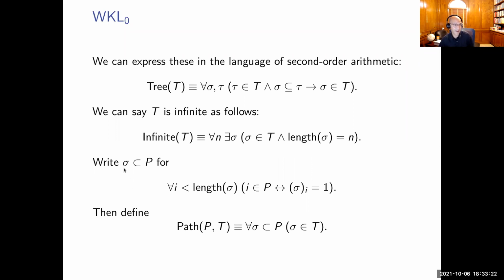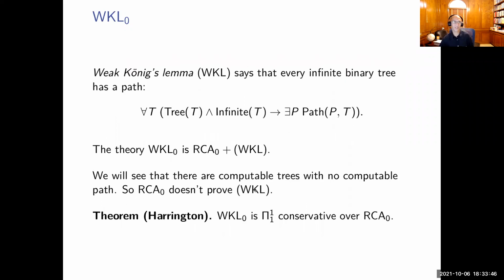Think of a finite sequence σ as being an initial segment of P if the bits of σ track membership in P: for every i less than the length of σ, i is in P if and only if the corresponding bit of σ is 1. Then saying P is a path through T says that every initial segment of P is in T. And so weak König's lemma is just the statement that every infinite binary tree has a path. And WKL0 is RCA0 plus weak König's lemma.